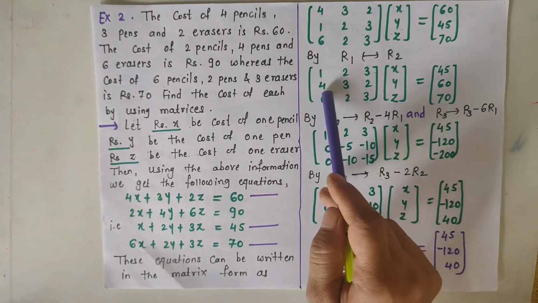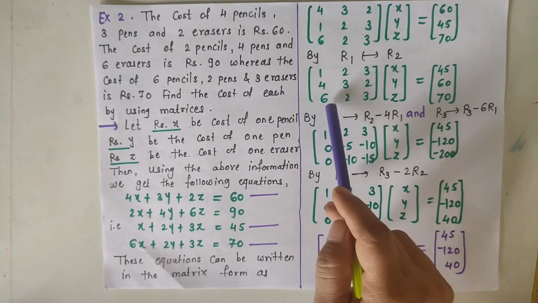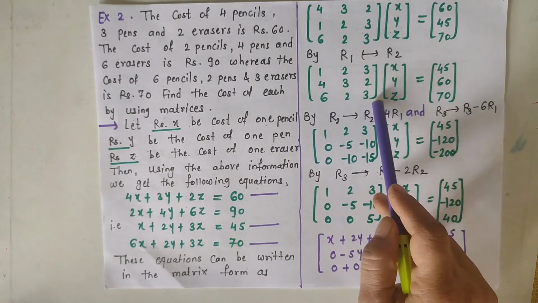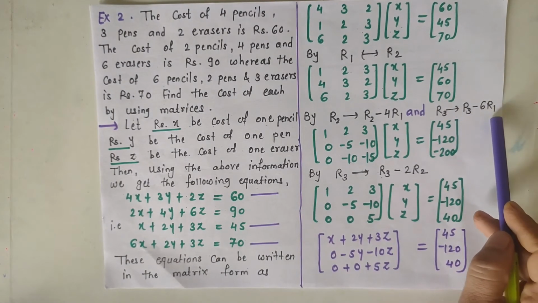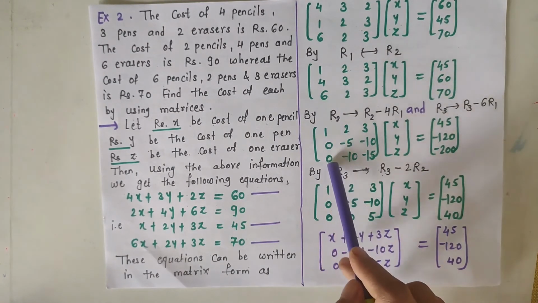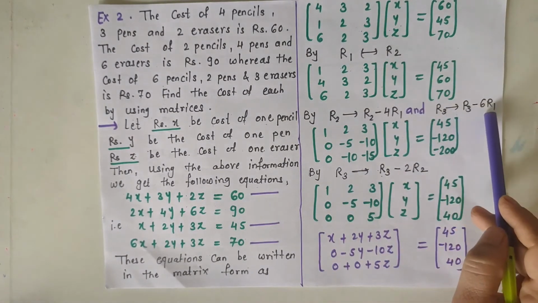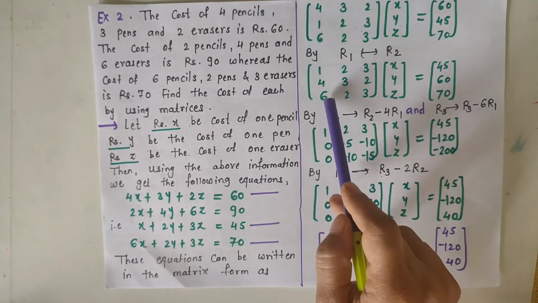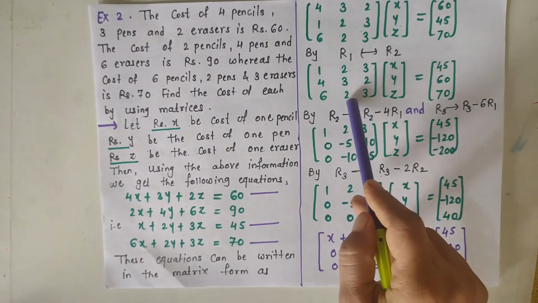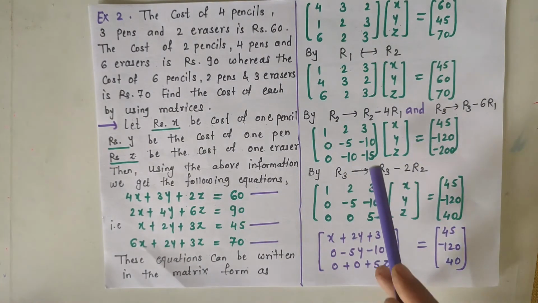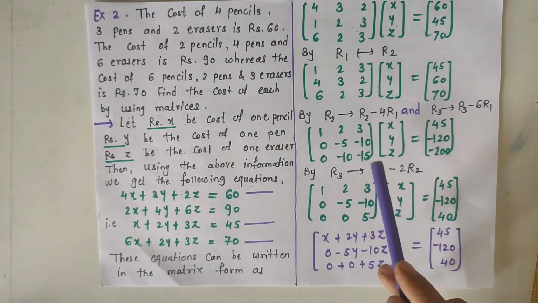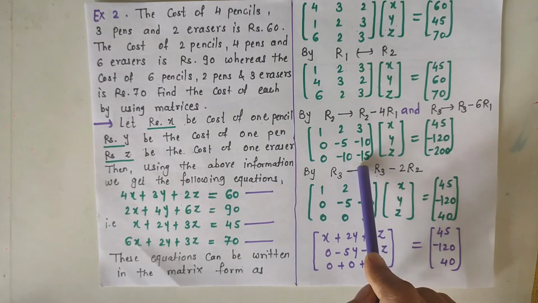Now for the next element, converting this 6 to 0, we apply the row transformation R3 minus 6R1, and then this element becomes 0. Applying R3 minus 6R1, we get the third row elements: 6 minus 6 into 1, 6 minus 6 is 0; 2 minus 6 into 2, 2 minus 12 is minus 10; 3 minus 6 into 3, 3 minus 18 is minus 15.